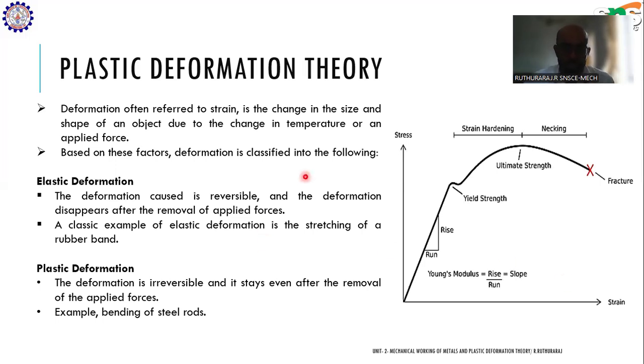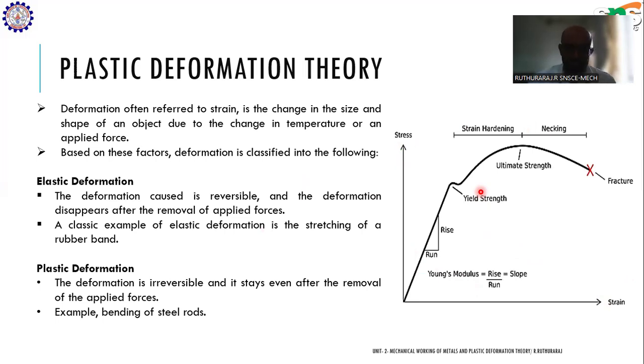When you plot a curve for stress against strain, we call it a stress strain curve. This stress strain curve will give you an understanding of the various deformation processes occurring in a material when load is applied.